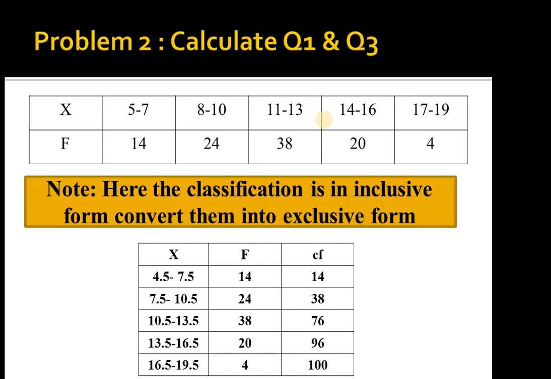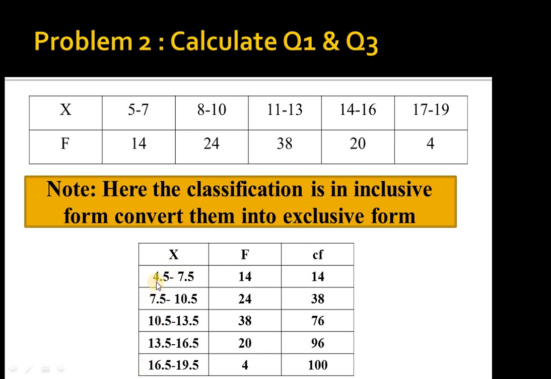The upper limit of a class becomes the lower limit of the next class. We have a small method to calculate this. A simple way is to subtract 0.5 from the lower limit and add 0.5 to the upper limit. See, 5 minus 0.5 is 4.5, and we add 0.5 to the upper limit. This is an easy way to convert.